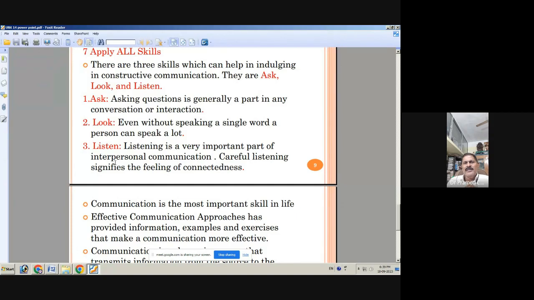Suppose you know that while you are interacting with others, others are also keeping in mind your views. They are looking at you, and when they are looking at you, they can understand what you are going to speak. Then next is listen. Listening is a very important part of interpersonal communication.